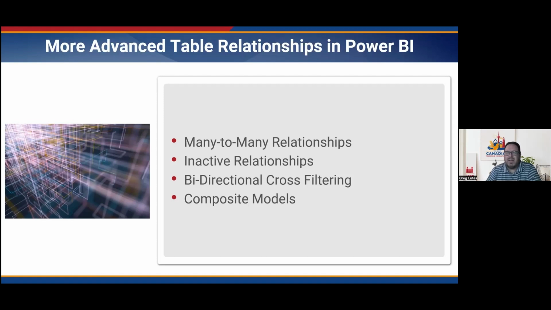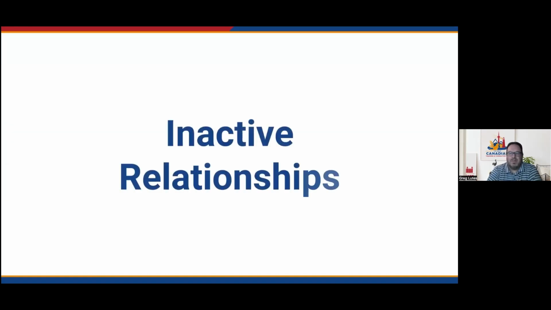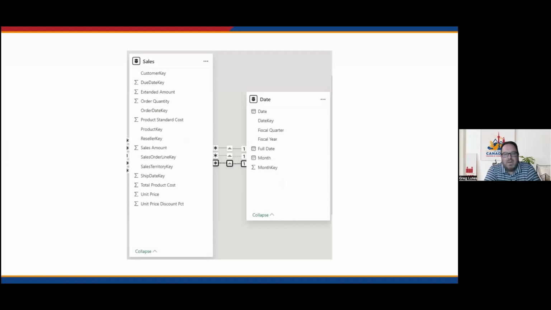First, let's talk about inactive relationships. A many-to-many would allow multiple rows in one table to be related to multiple rows in another table. In fact, it's going to look something like this. Here we have our three different relationships between two different tables.